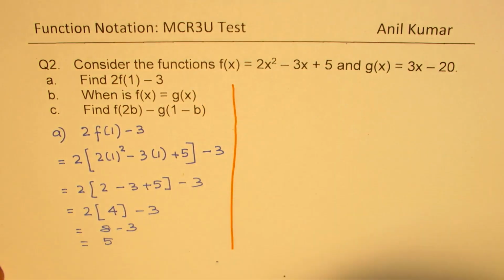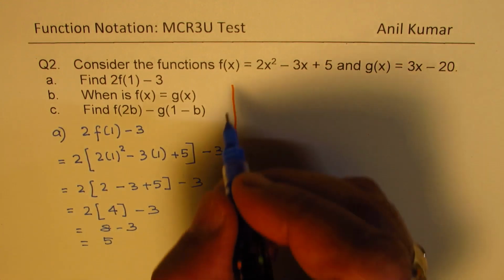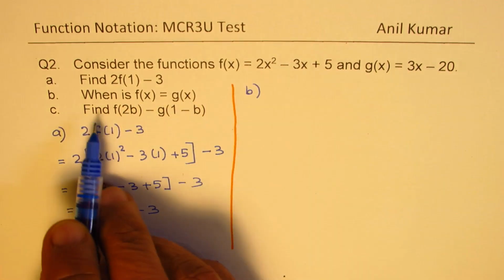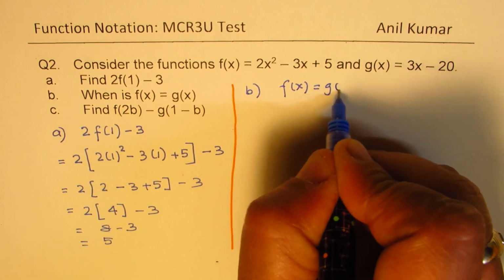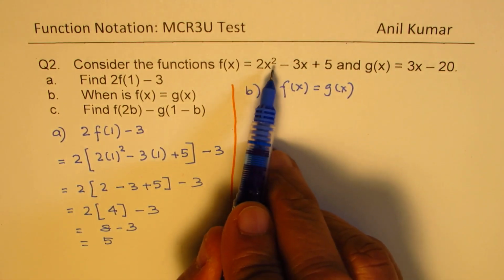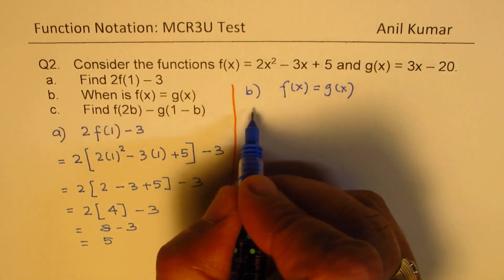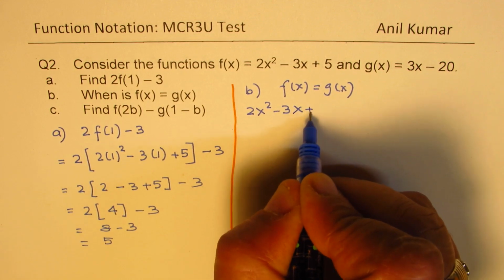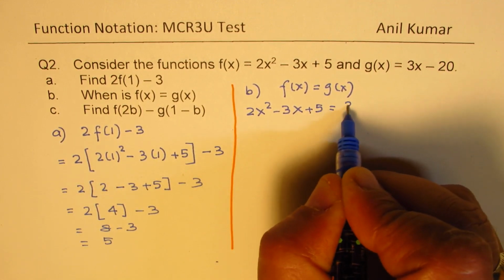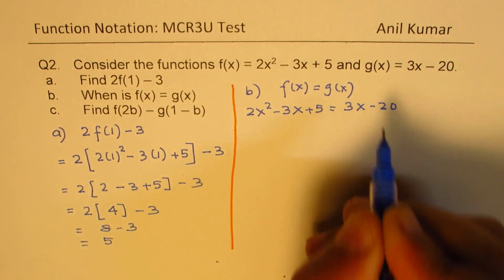Now let's do part B. Part B is when is f of x equals to g of x? That really means we'll equate these two, right? F of x is 2x squared minus 3x plus 5 and g of x is 3x minus 20.